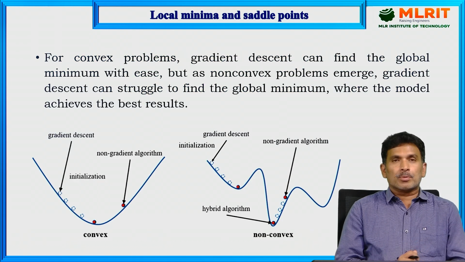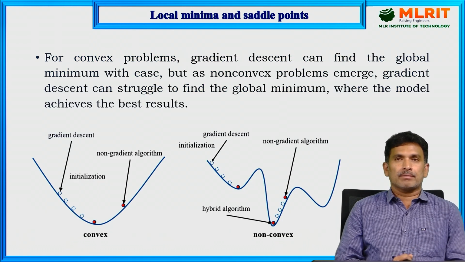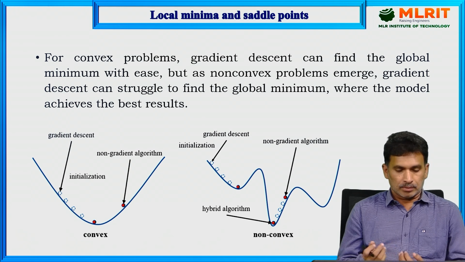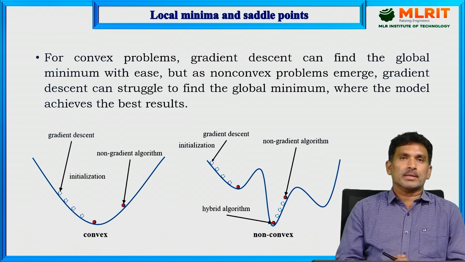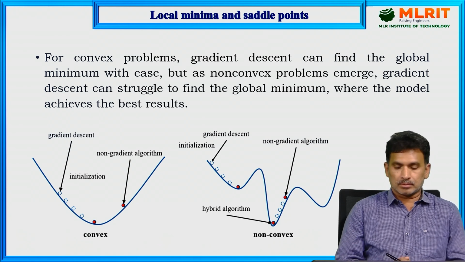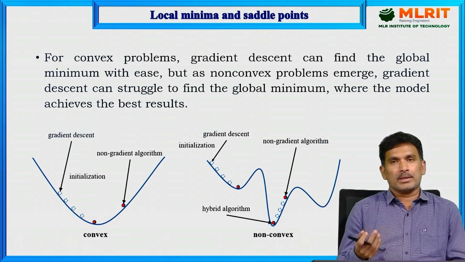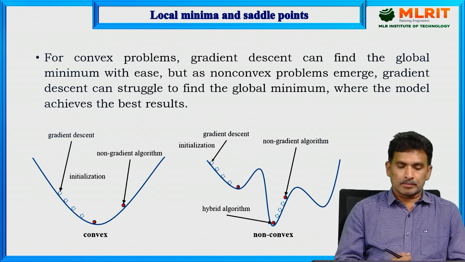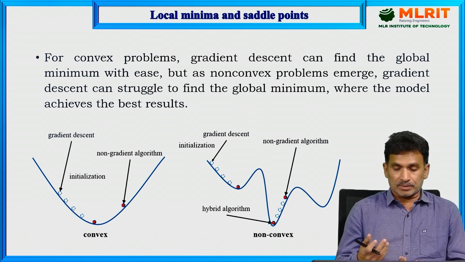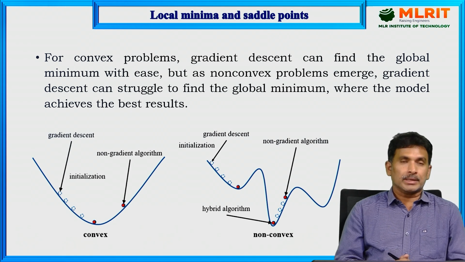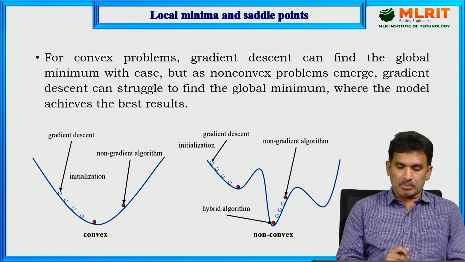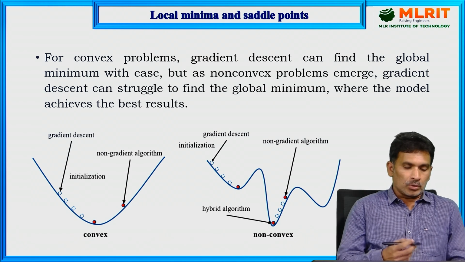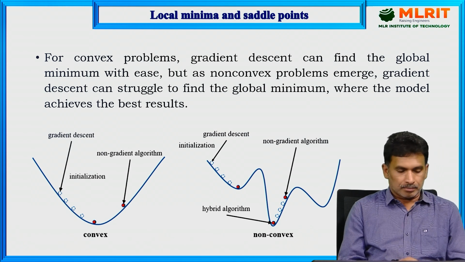For convex problems, gradient descent can find the global minima very easily, but for non-convex problems with many local minimas, gradient descent can struggle to find the global minimum, where the model achieves the best results.